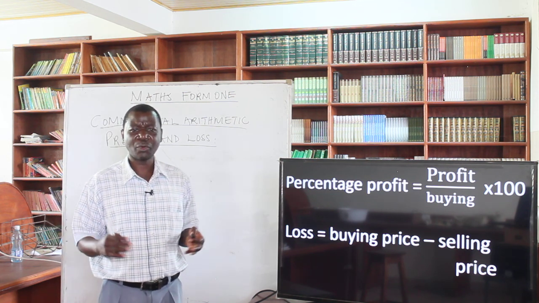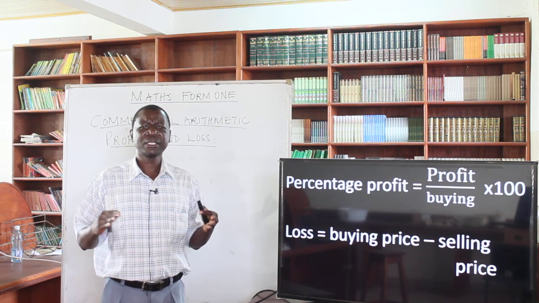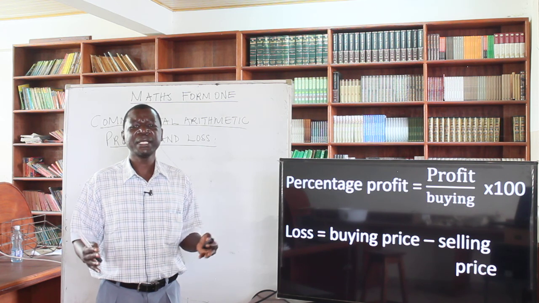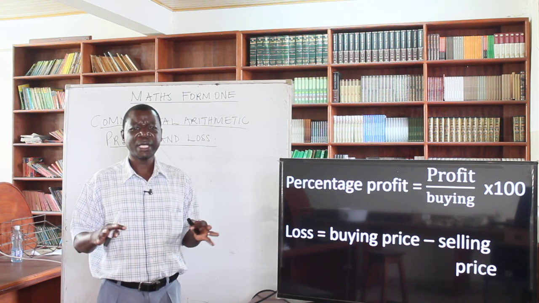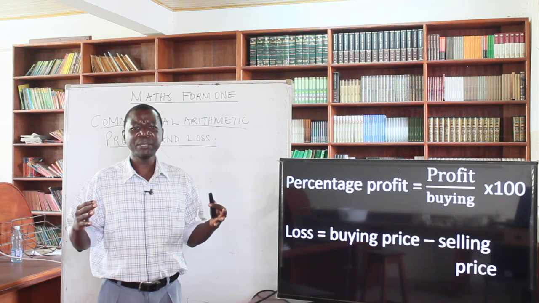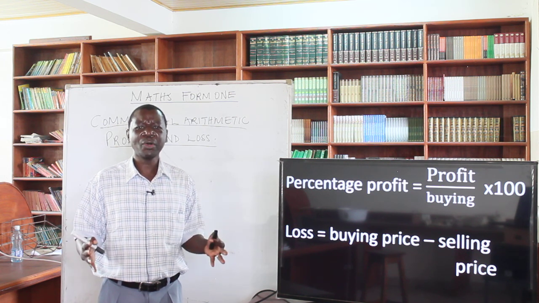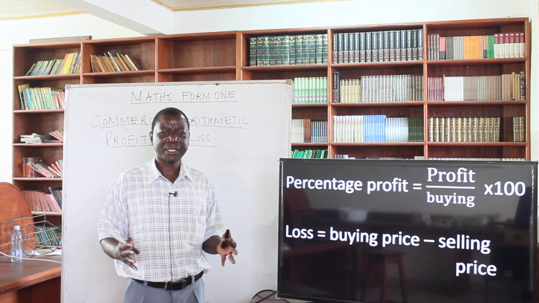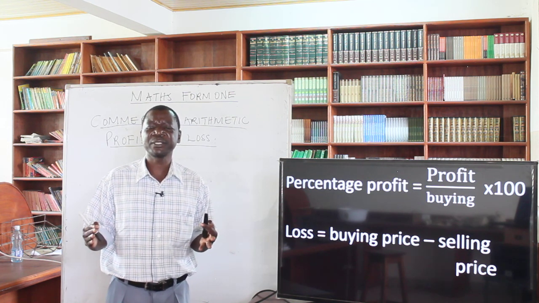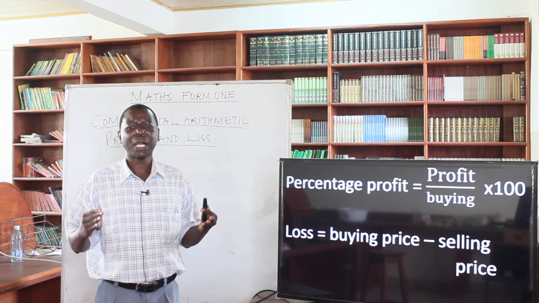Now that is a loss. So loss is simply the buying price minus the selling price, because our buying price is more than the selling price.